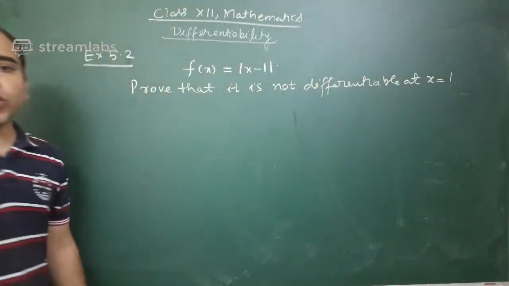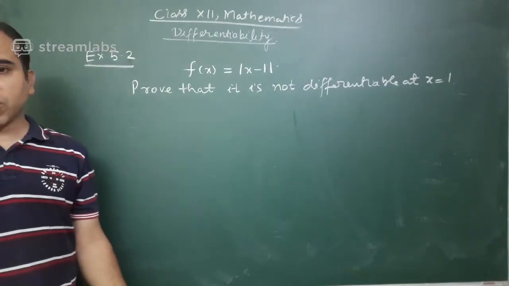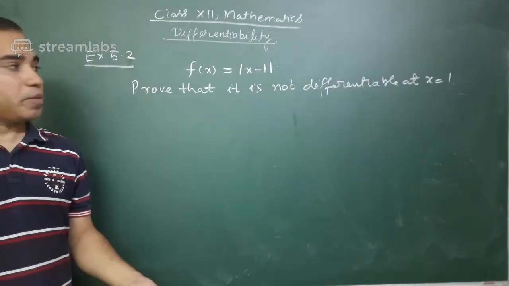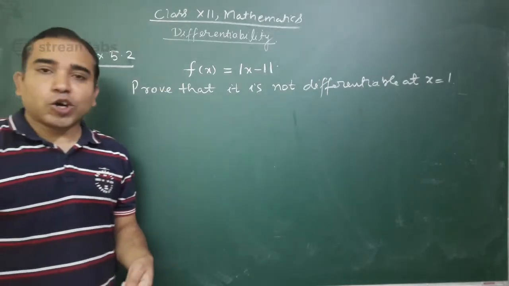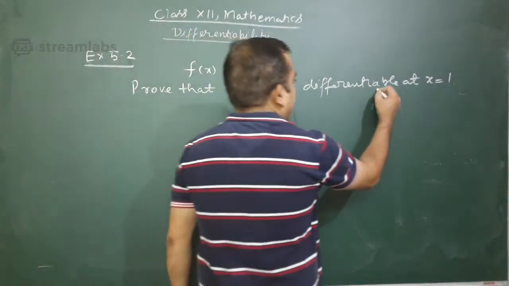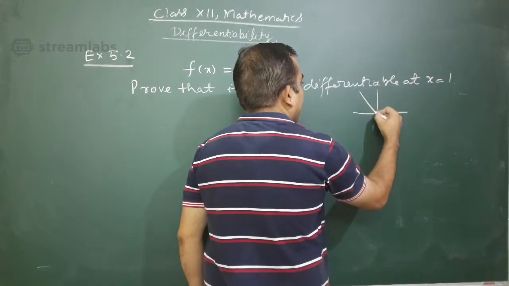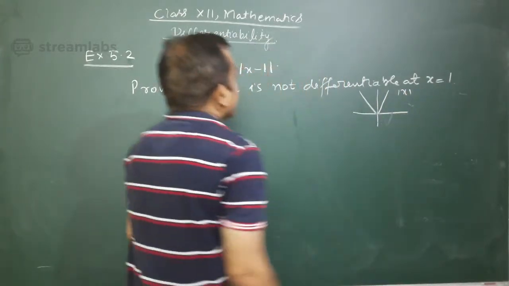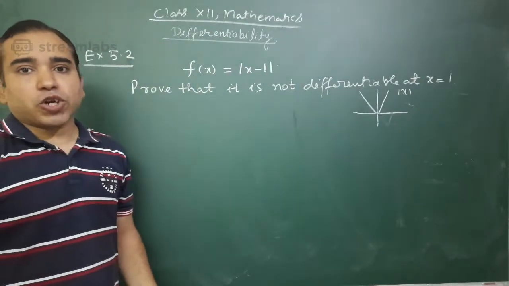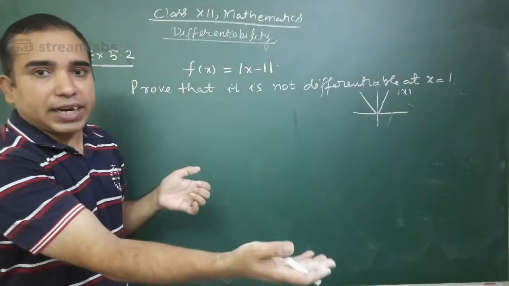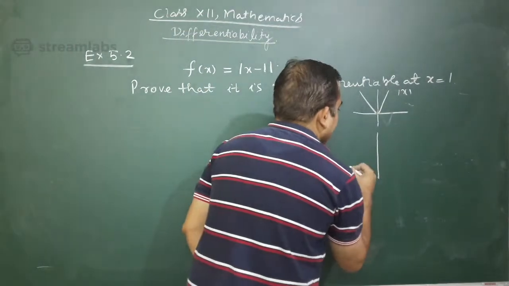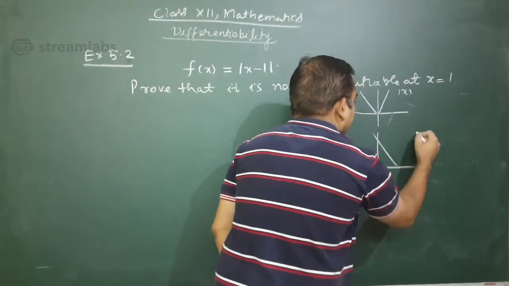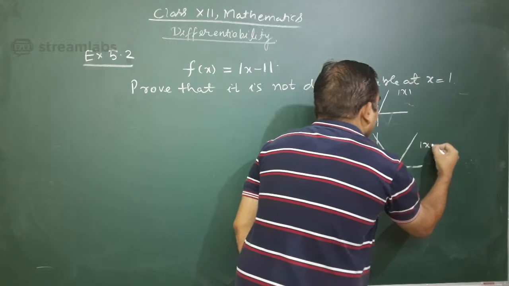देखो, एक तरीका तो ग्राफ है कि मॉड x माइनस 1 का ग्राफ ड्रा कर लो, और जिनको समझ में आ रहा है, उन्होंने इमेजिन कर लिया होगा और उनको वर्टेक्स दिख गया होगा. मॉड x बहुत पॉपुलर, बहुत काम का फंक्शन है. ये रहा मॉड x मेरा. Mod x minus 1 if you have to draw, you have to shift the mod x curve to the right side by 1 unit. This is mod x minus 1.